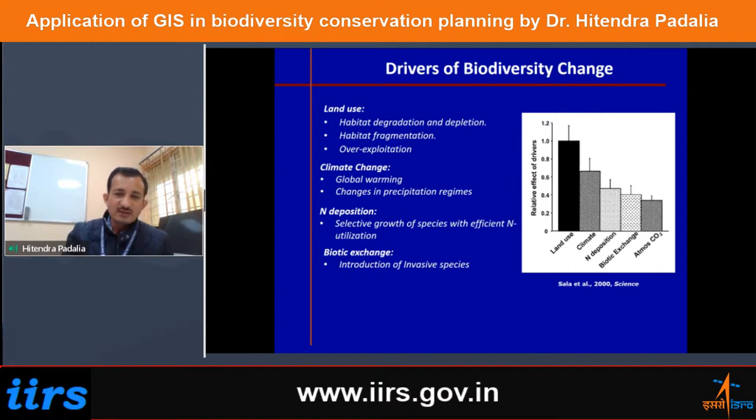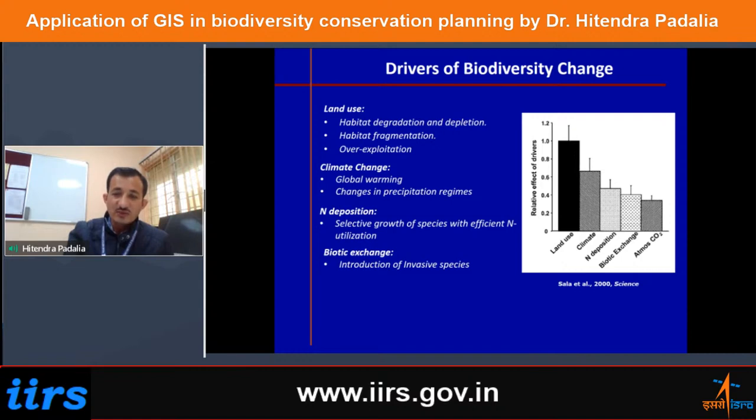So these are the major drivers which are impacting biodiversity, and we have to understand their impact, and in coming time all these are going to further increase. Land use change activities are not going to stop, they are going to increase. Climate change, by today's projection, the rate at which carbon dioxide and greenhouse gases are being emitted, is going to further increase.